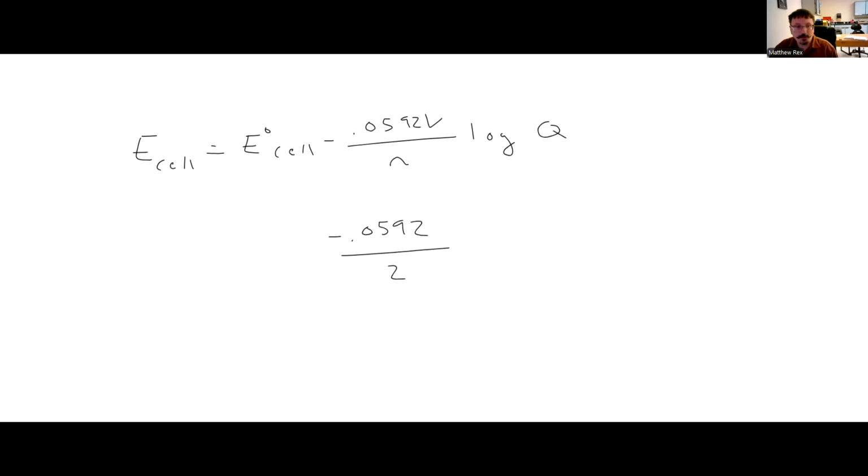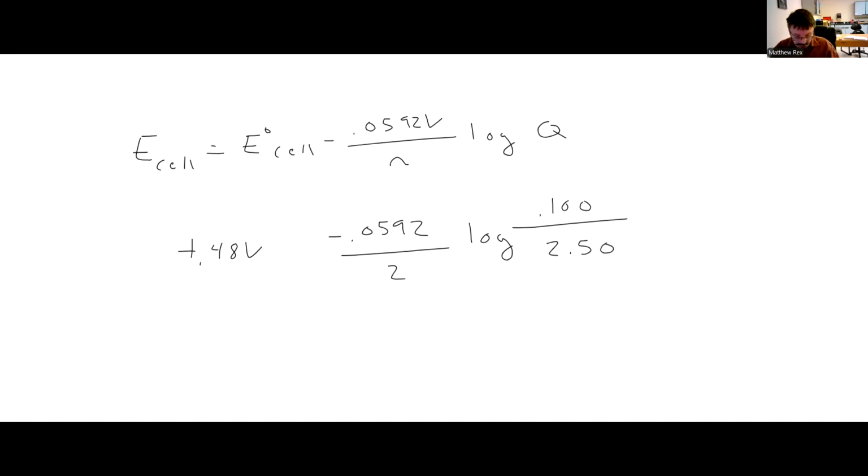We're given our standard E cell as plus 0.48 volts. And then log of Q: zinc 2+ is our product, and nickel 2+ is our reactant.